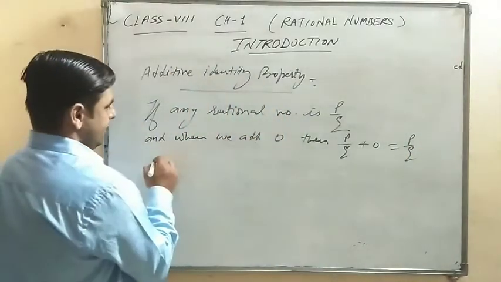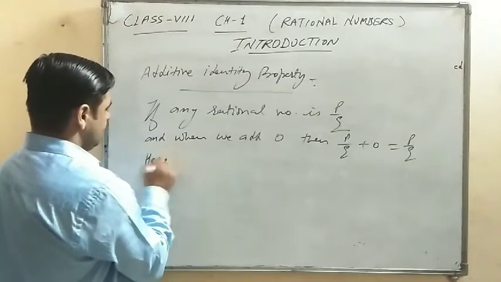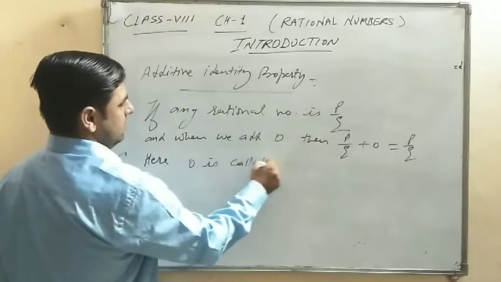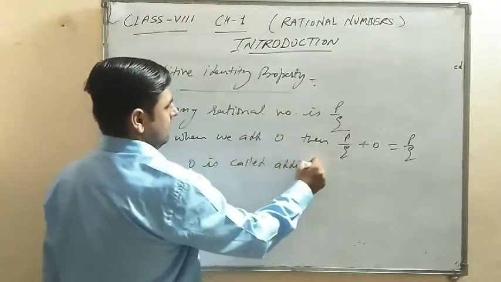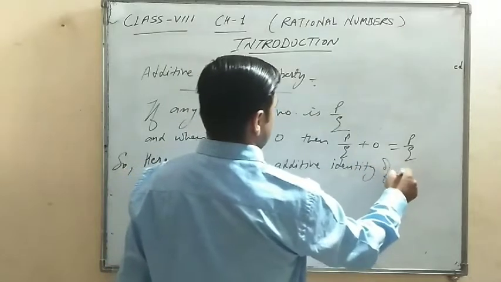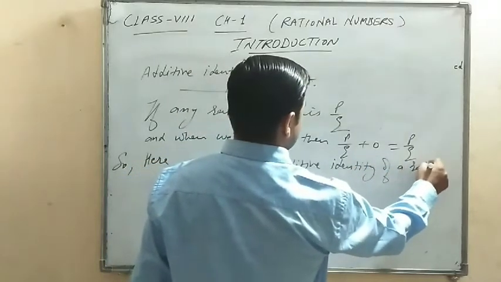So here 0 is called the additive identity of a rational number.